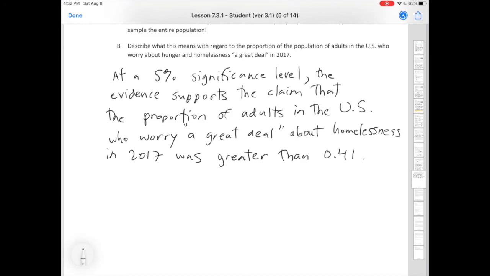So all we're saying here is that the evidence suggests, or the evidence supports the claim that it's bigger, right? That P is bigger than 0.41. So this is the way we need you to write your answers. You need to write a full English sentence that takes all of this into account.